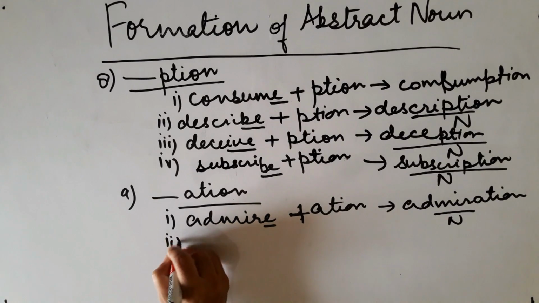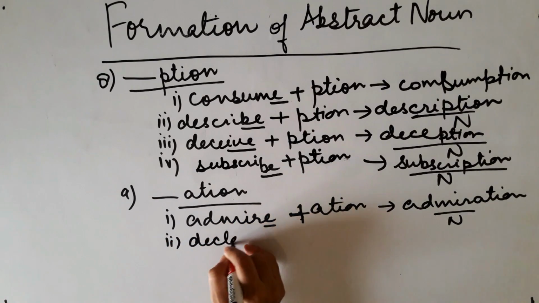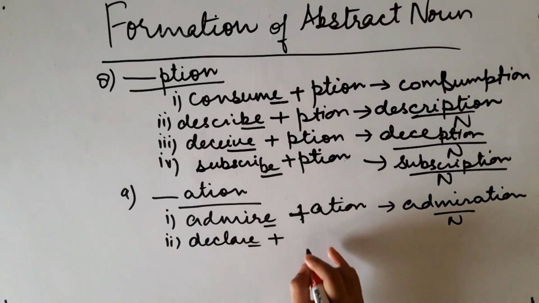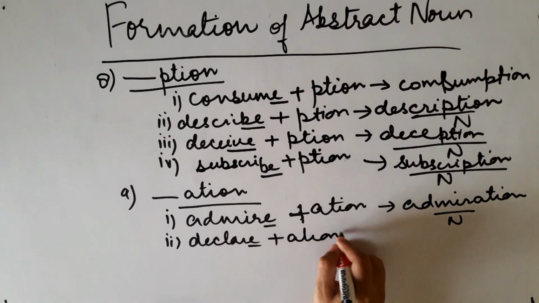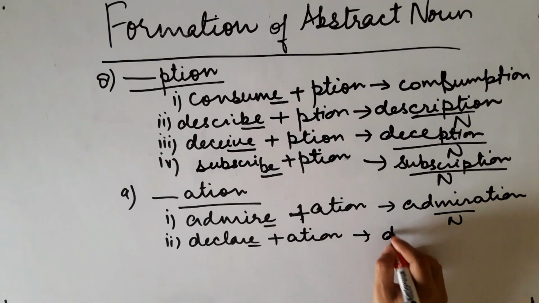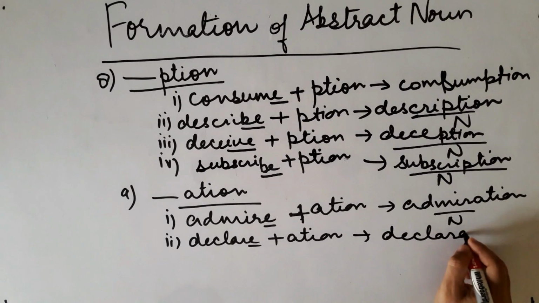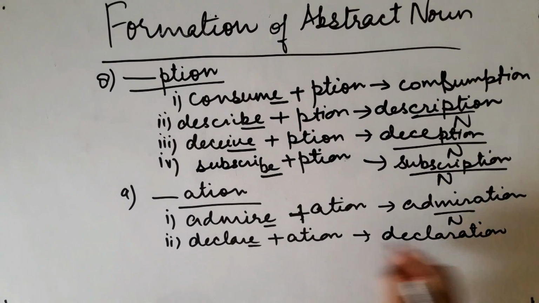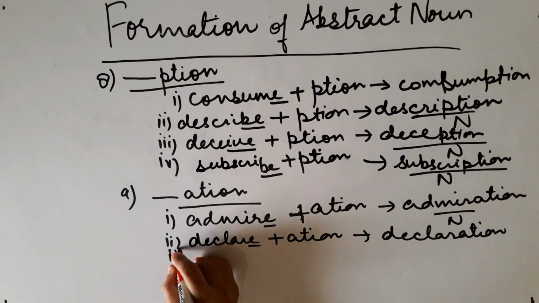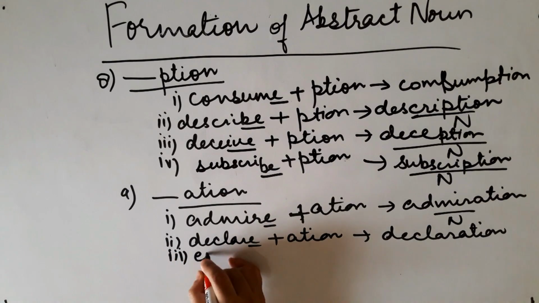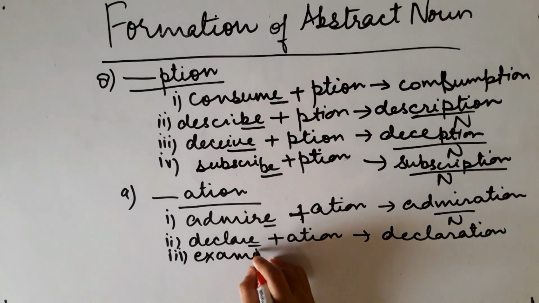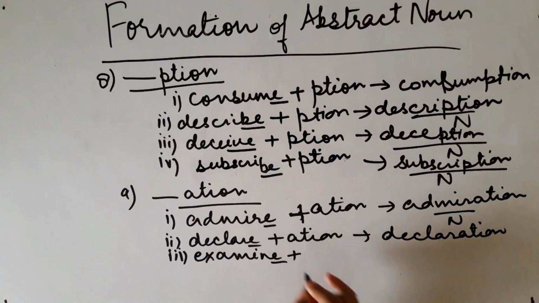We have words like declare. Again e is replaced, a-t-i-o-n is added and it becomes declaration. One more word I have in this category is exam, a common word, where it can be changed into a noun.